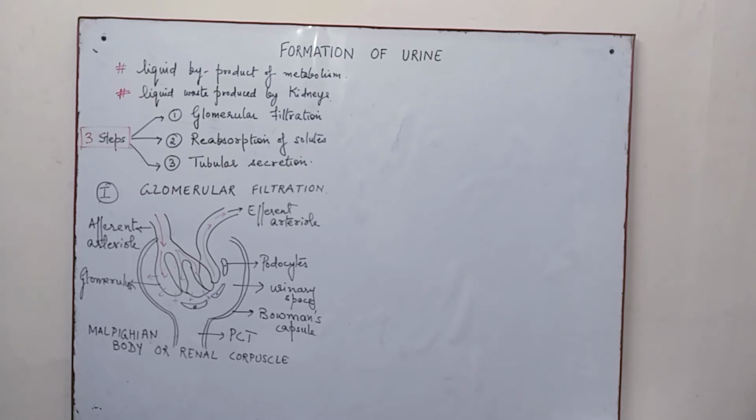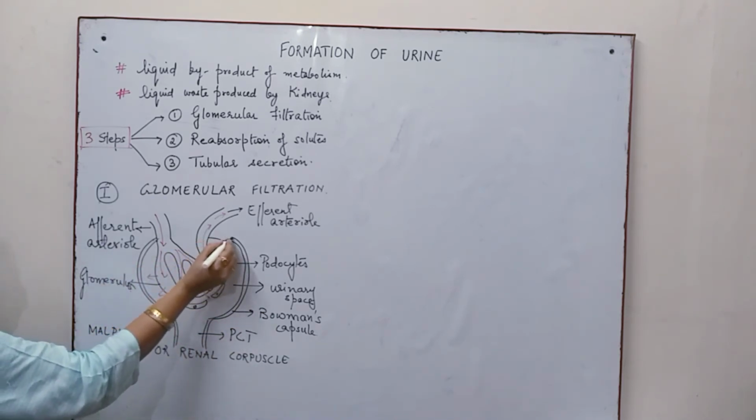Now, when we are talking of the formation of the urine, as told, it is a protein-free fluid, and this glomerular filtrate is filtered from the blood of the glomerular capillaries to the lumen of the Bowman's capsule. And this process is known as glomerular filtration. So what happens over here is that the arteriole brings the blood, forming a network of capillaries known as the glomerulus within the Bowman's capsule.